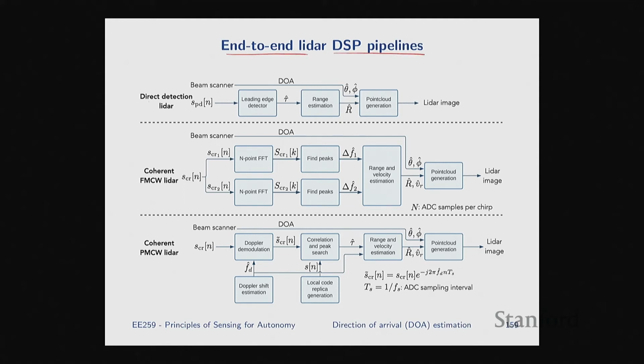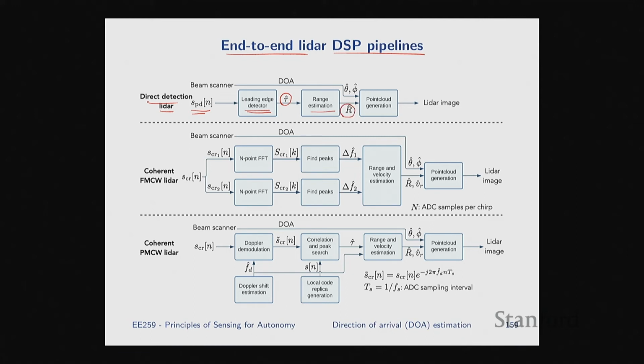So starting with the direct detection LiDAR, you get the signal out of your photodetector. And as we know, it can only estimate range, right? The way ranging works is that it does leading edge detection, or leading edge thresholding, and from that it estimates the tau hat, or the round trip time of flight, and you can convert that to range, so you get R hat.